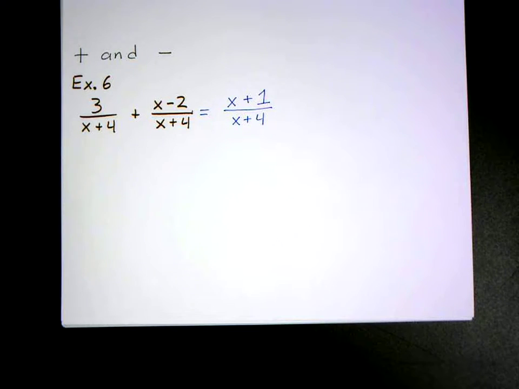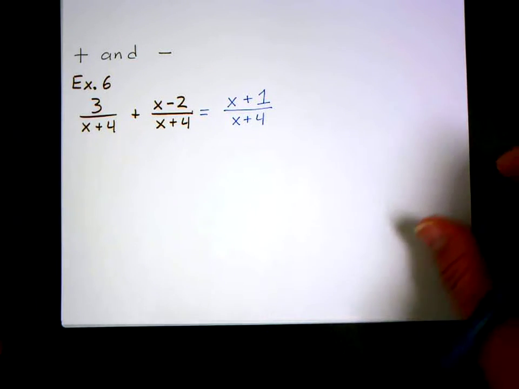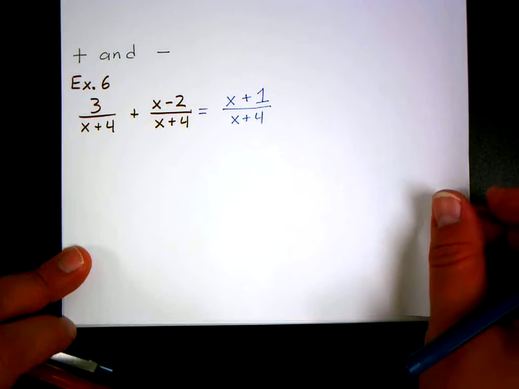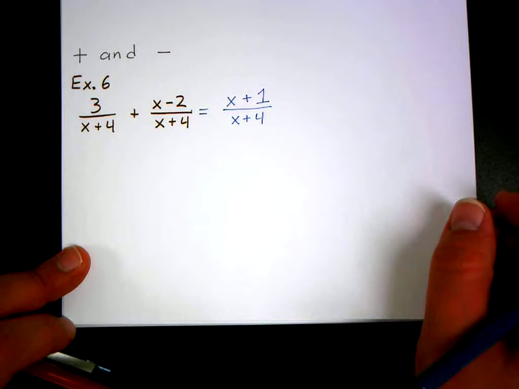So I add across the top. So I take the 3 plus the negative 2. Add my like terms. So that's all you have to do with that one. That one is done. So you add your like terms. Nothing I can add to the x.